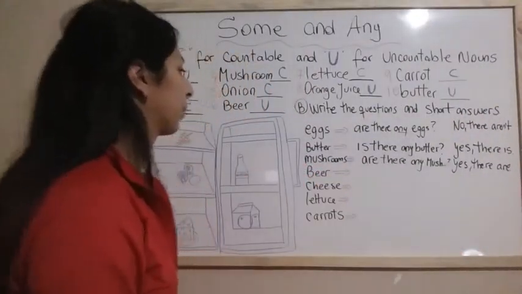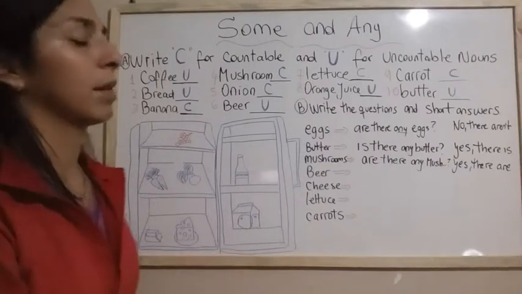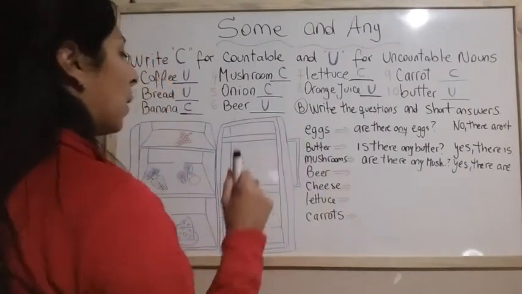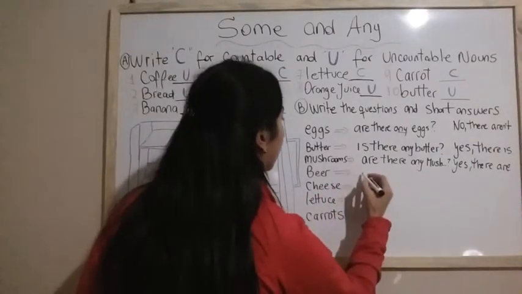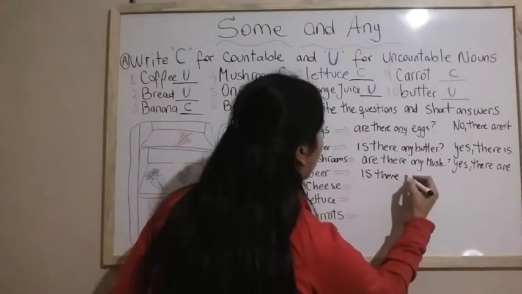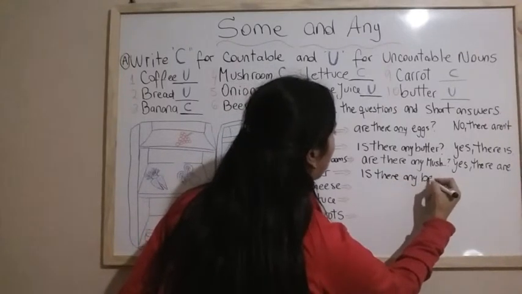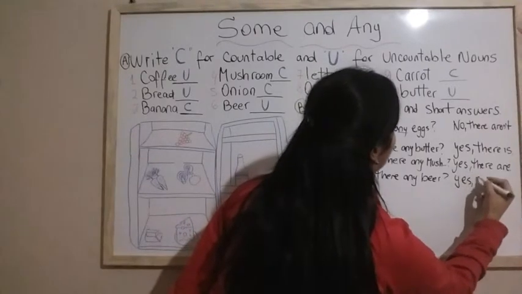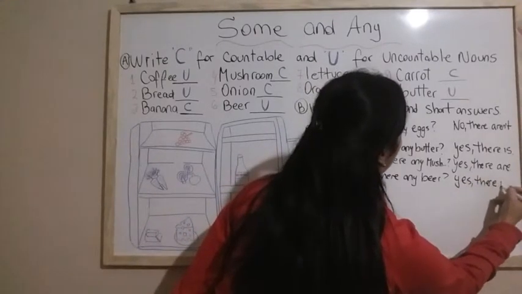The beer is an uncountable noun, so we begin the sentence, is there any beer? Yes, there is.